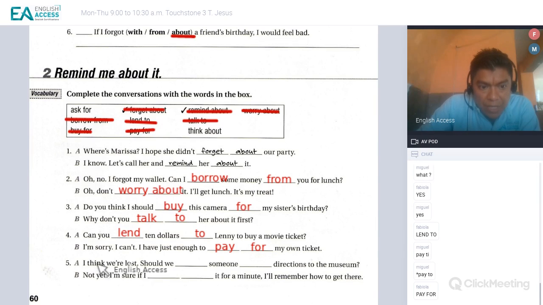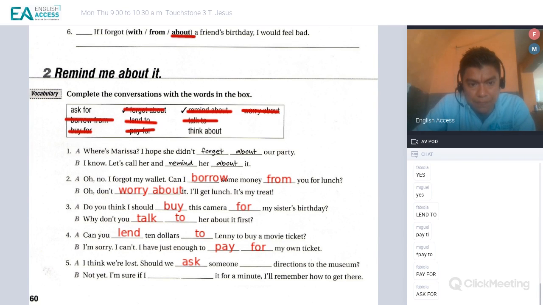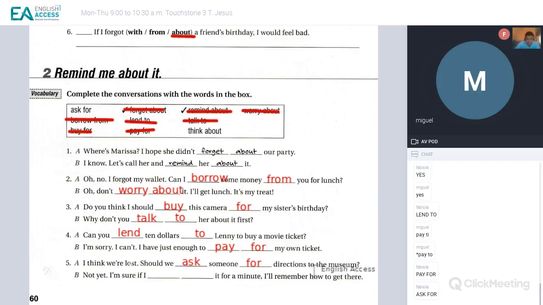Number 5. I think we're lost. Should we ask someone for directions to the museum? Not yet.